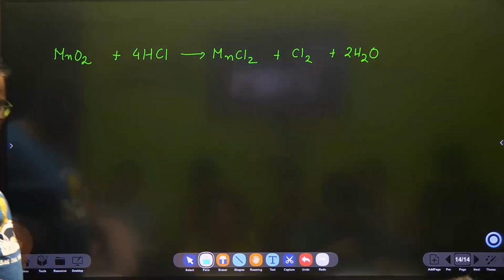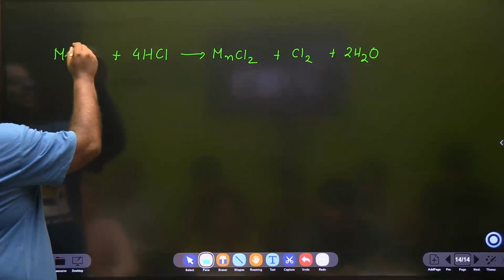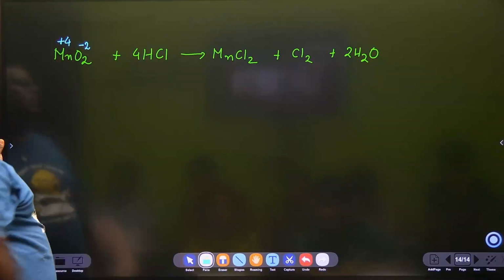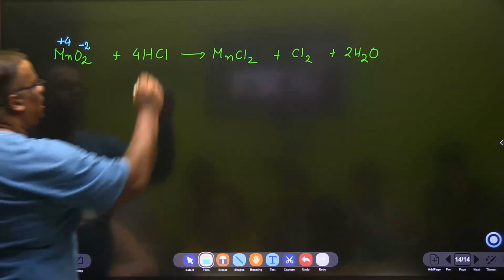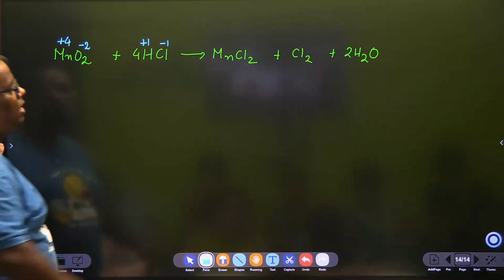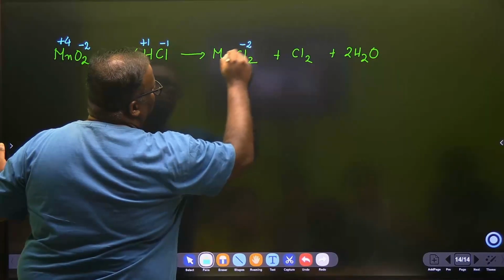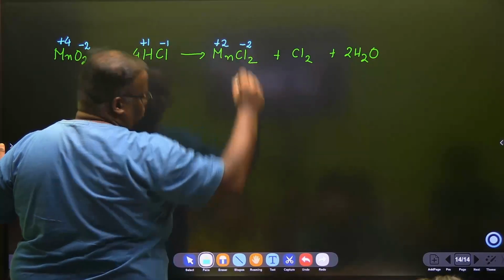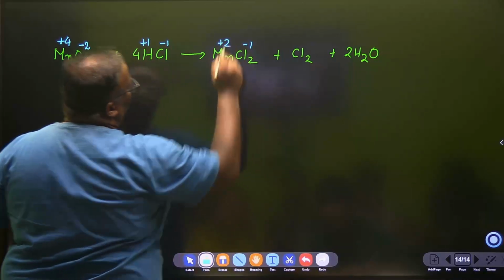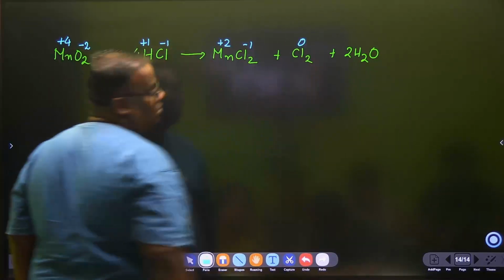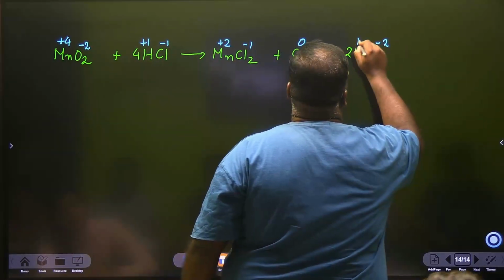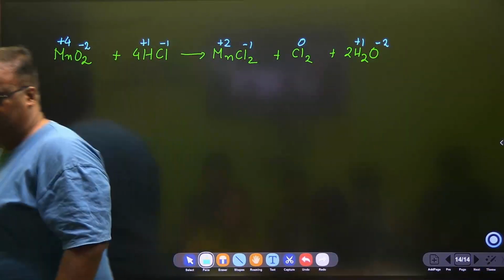Oxygen is -2, so this is +4. -1, +1. -2, then +2. -1, -1, +2. 0. This one is -2, +1. We just look at the atom.